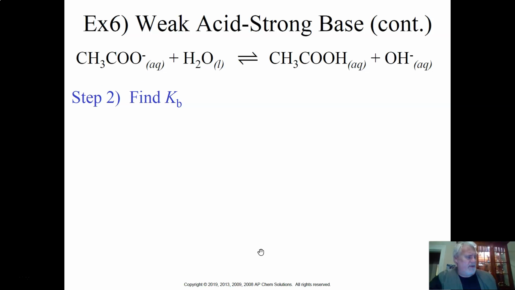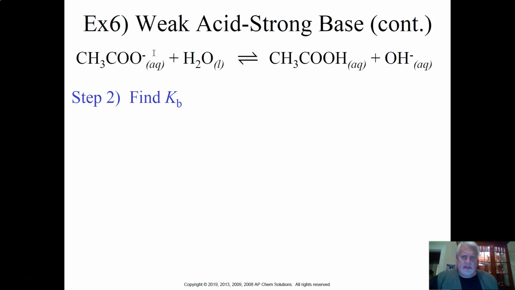Of those acetate ions that were left, all caused by the mean old OHs ripping off the hydrogens, we can then go to finding Kb.